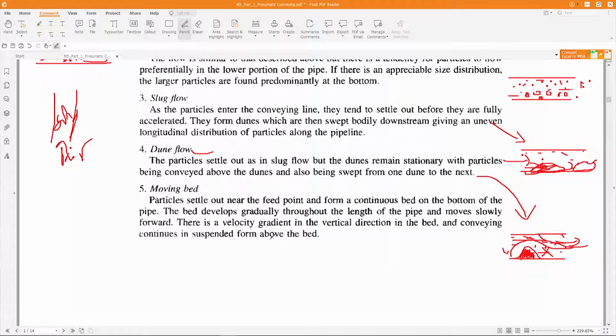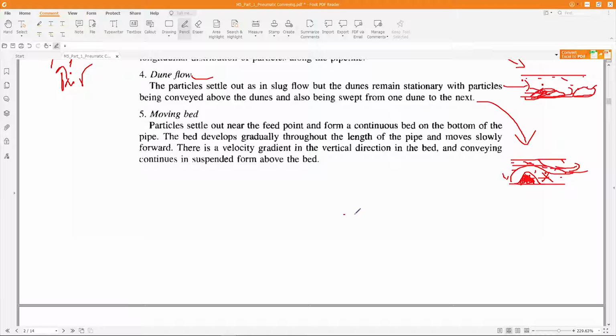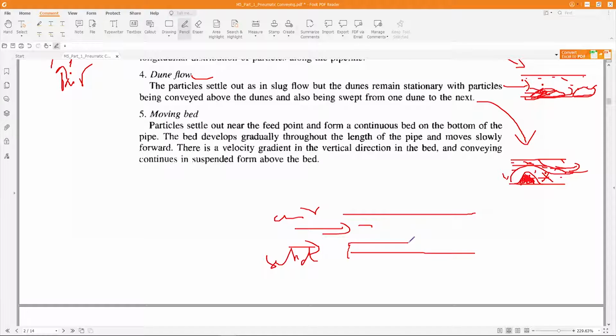What is a moving bed? What happens is your air is flowing. This is the feed point, right? Your solid particles are entering here. At the feed point, we have a very continuous solid bed.